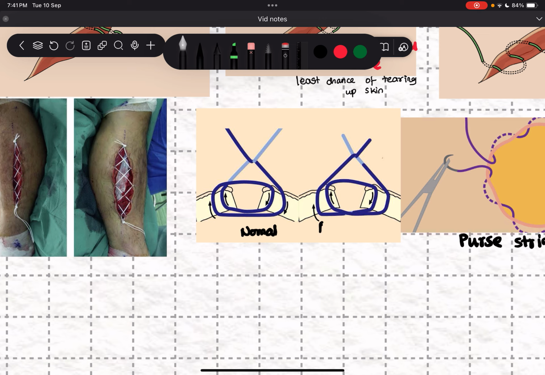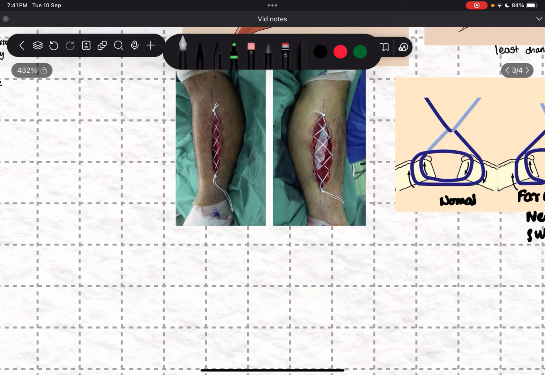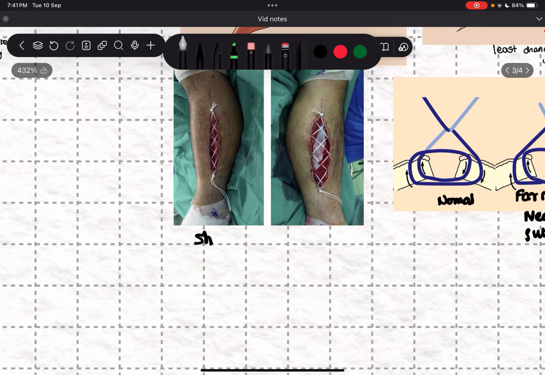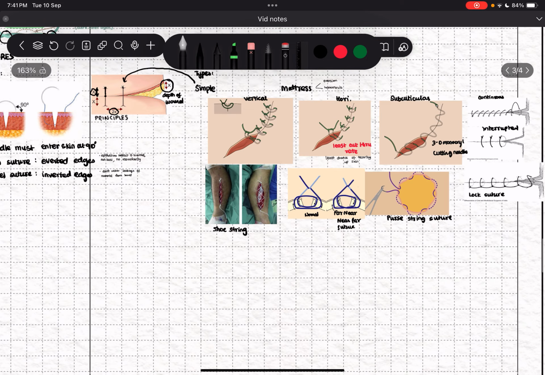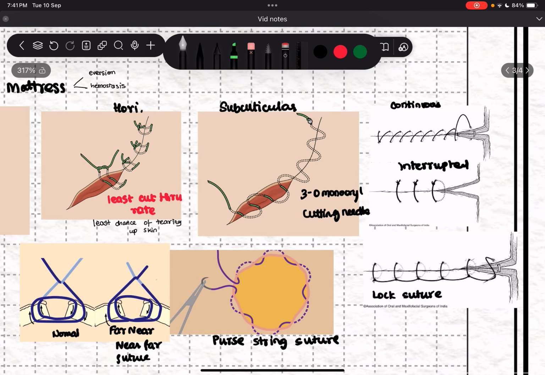This is for near-far suture technique, and this one is shoestring technique. Let us have a look at them one by one.